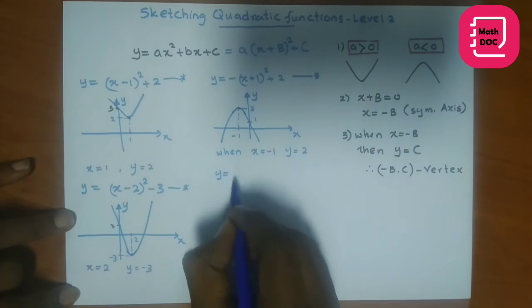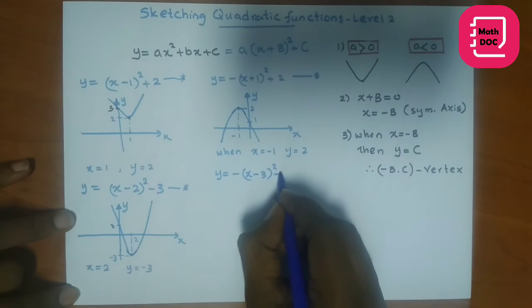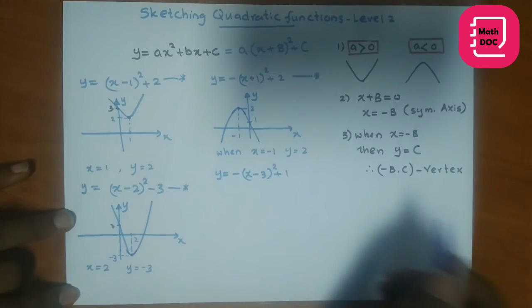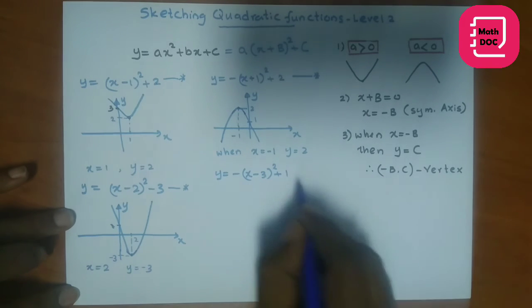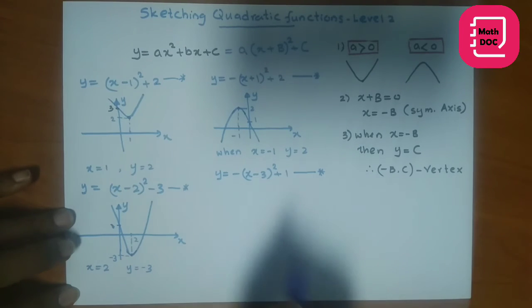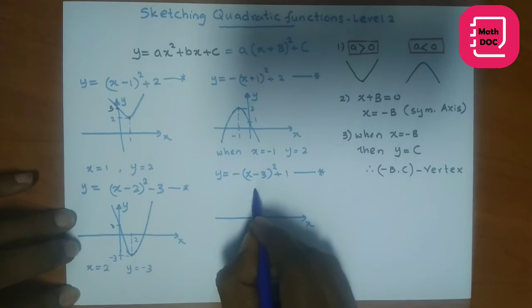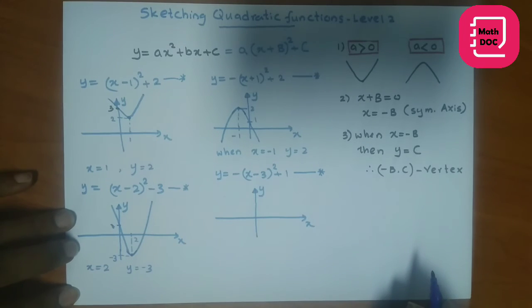Another example. y equal minus (x minus 3) squared plus 1. That is also in the same order. Let's start sketching. Here x-axis, y-axis.